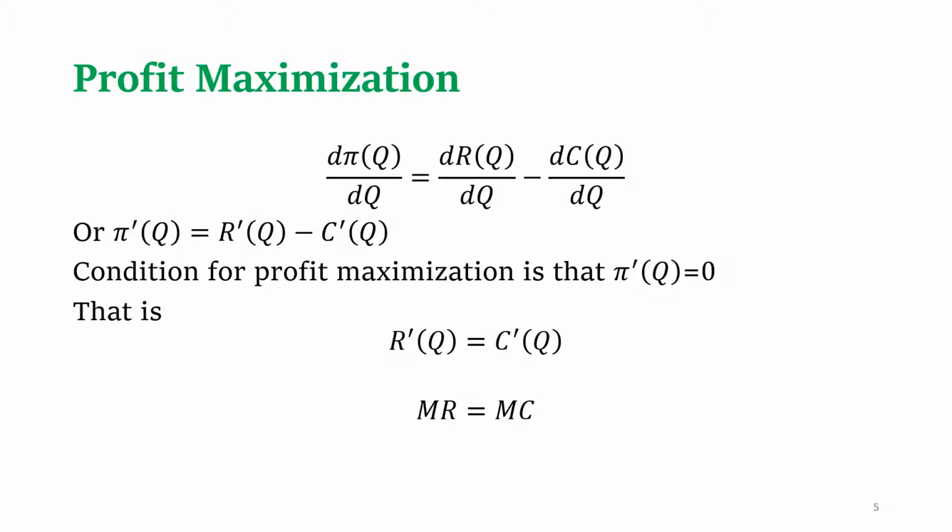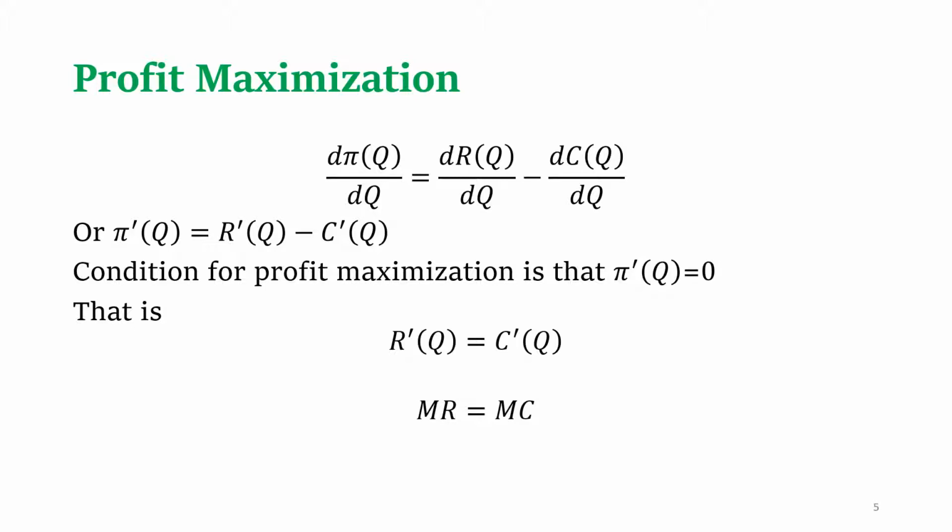So remember, pi prime Q here is just the derivative of the profit function with respect to output. And when we say pi prime Q, it is just d pi over dq.